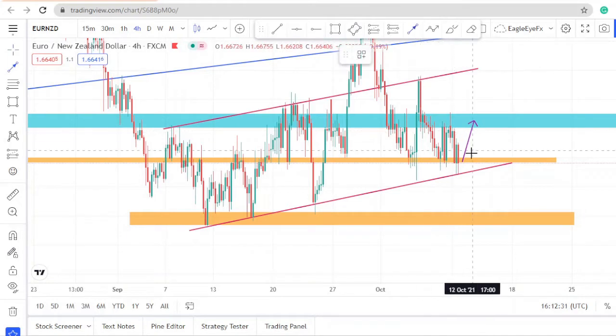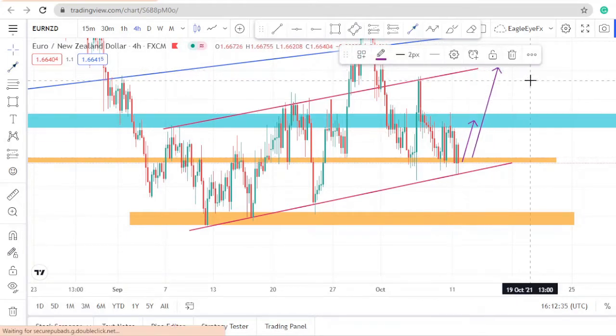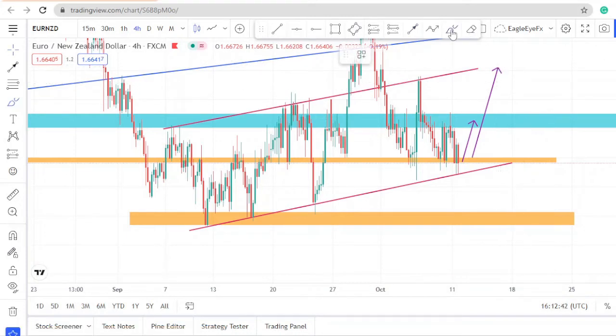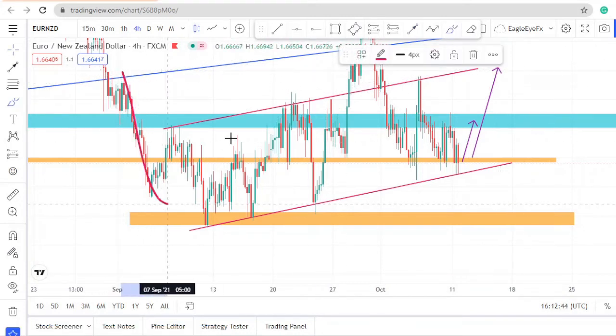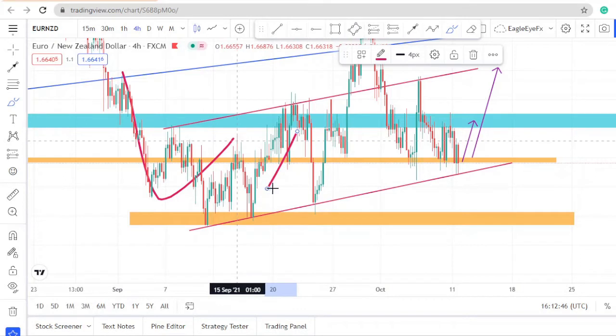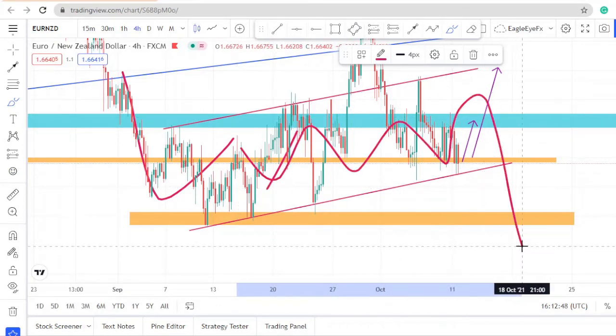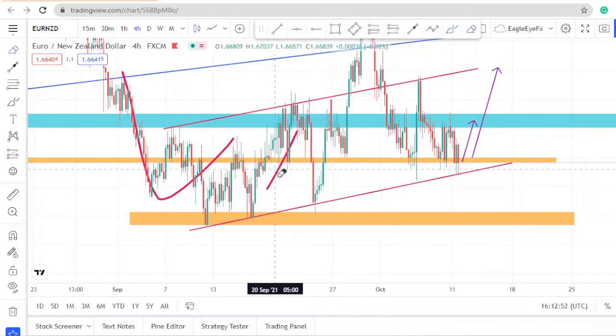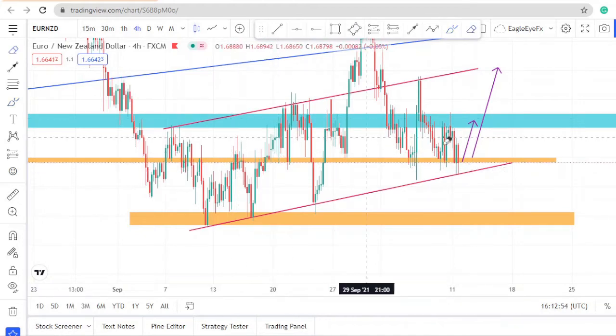Okay, or maybe it can go further up to that particular place over there. So this also looks like some sort of a correction before we see a break to the downside. According to me, that's what I am seeing over here on EURUSD.